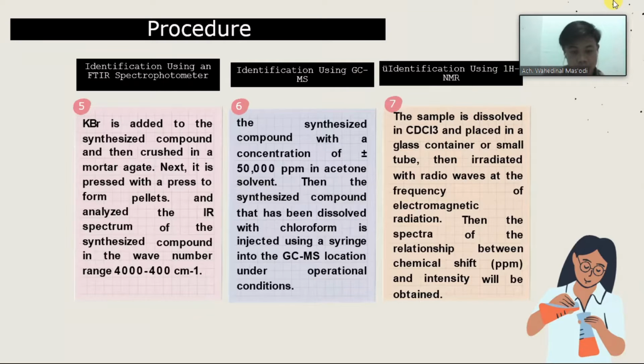Identification using GCMS: the synthesis compound with a concentration of 50,000 ppm in acetone solvent. Identification using HNMR: the sample is dissolved in CDCl3 and placed in a glass container or small tube. Then irradiation with radiation at the frequency of electromagnetic radiation.